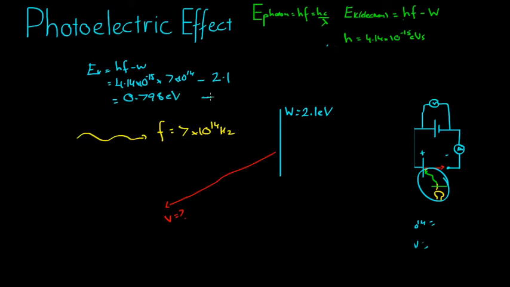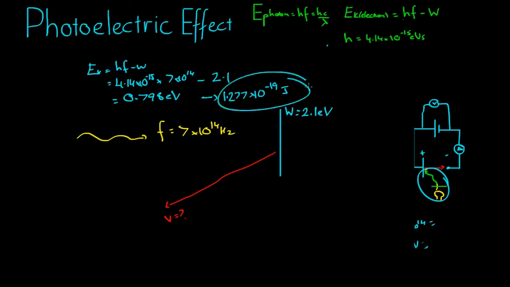Let's turn that into joules. So we multiply by 1.6 times 10 to the negative 19, and I have 1.277 times 10 to the negative 19 joules.